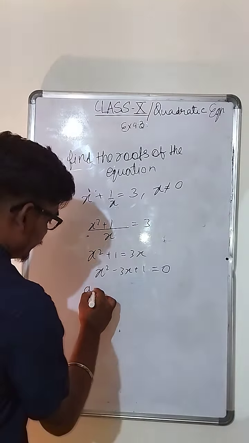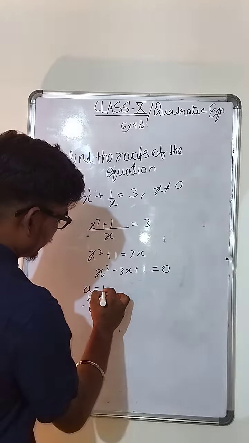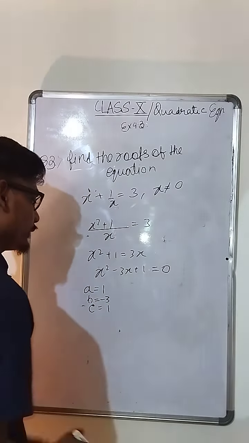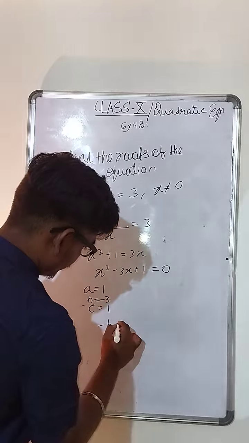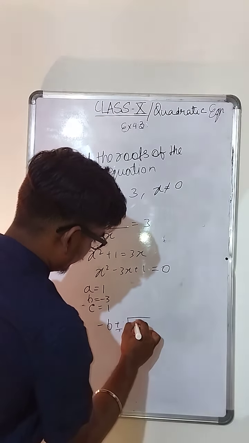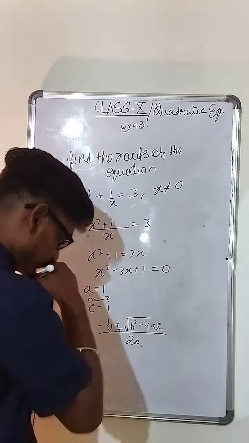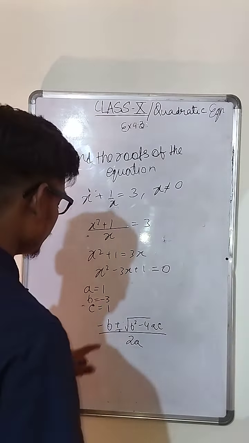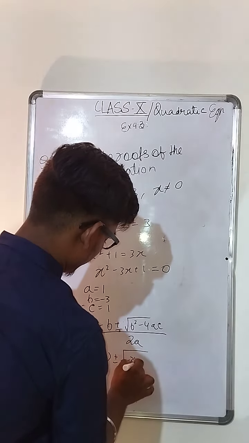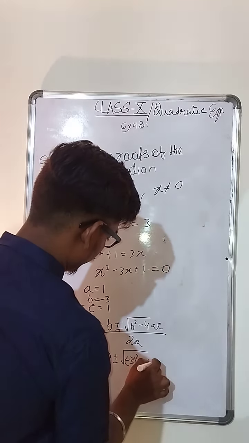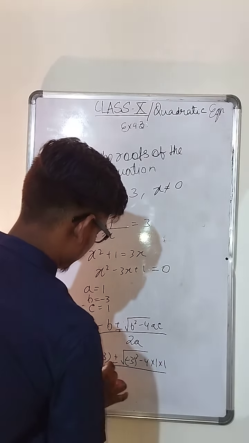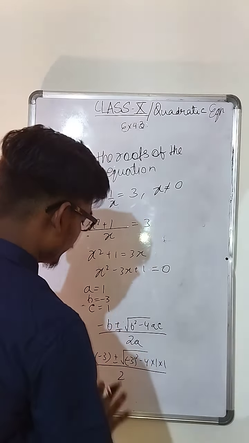So with quadratic equation formula, a, b, c are 1, minus 3, 1, okay, minus b plus minus under root b square minus 4ac by 2a. This is the formula. Minus b means minus minus 3, that is 3, plus minus root over minus 3 whole square minus 4 into 1 into 1, divided by 2.